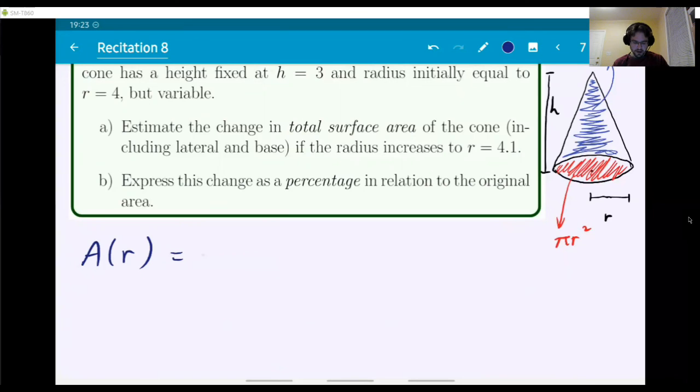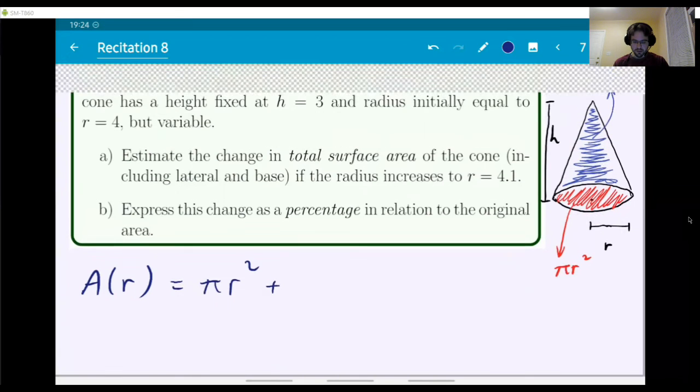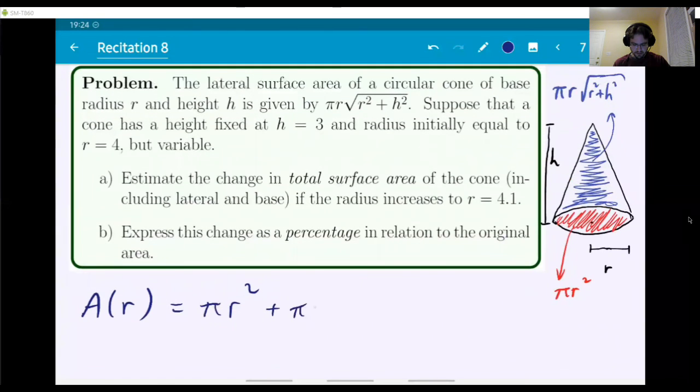There is going to be the area of the base, pi r squared, plus the area of the lateral. That's the formula they gave us, pi r times root of r squared plus h squared, where h squared is always 9. H is fixed, it's not going to change. So the height of this cone is always 3. The height squared is always 9. This is the function, A of r.